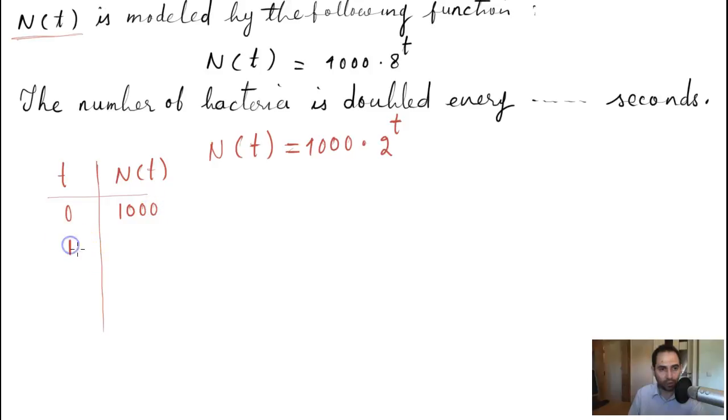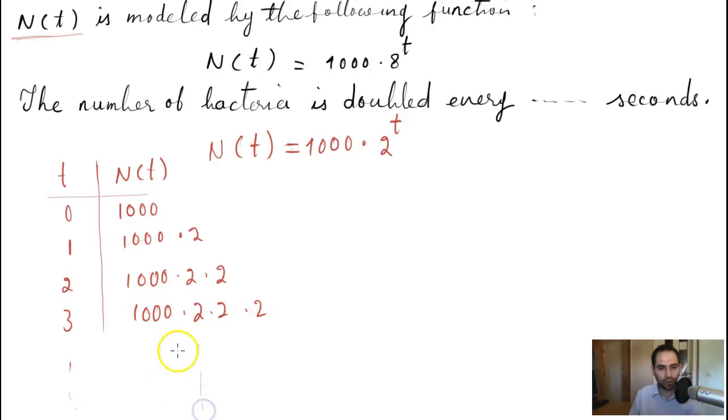When t is equal to 1, it is 1000 times 2. When t is equal to 2, it is 1000 times 2 times 2, and 3, for example, 1000 times 2 times 2 times 2, and so on and so forth. So every time you are incrementing your input by 1, your output is again being multiplied by another factor of 2, so on and so forth.